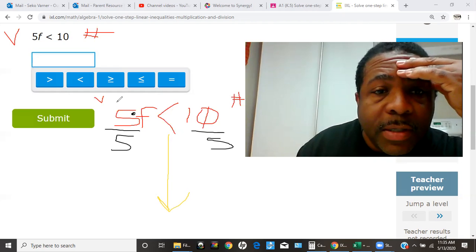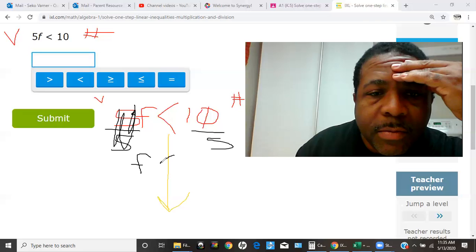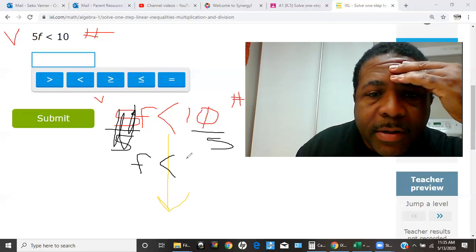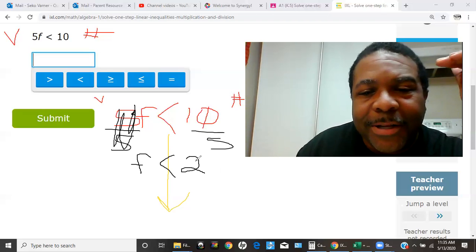So 5 divided by 5 is going to be 1, so we can just cross that out and have f. And 10 divided by 5 is going to be 2. So f is less than 2.